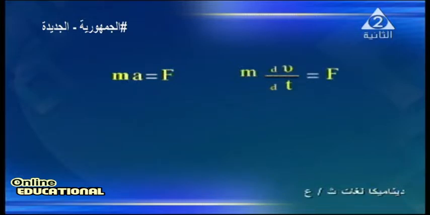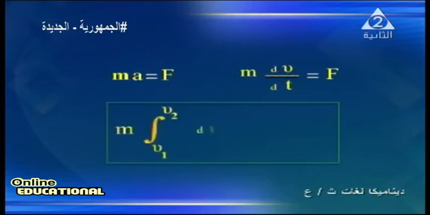Then ma equals F. We can write this formula in the form m dv/dt equals the force F. If the mass is constant and the force is a function of time, then Newton's second law formula, ma equals F, can be written in the form m dv/dt equals the force F. And m integration dv from v1 to v2 equals integration F dt from t1 to t2.